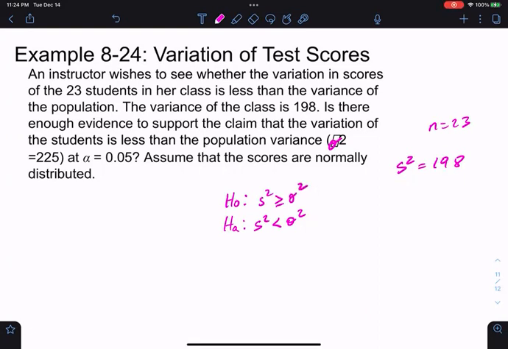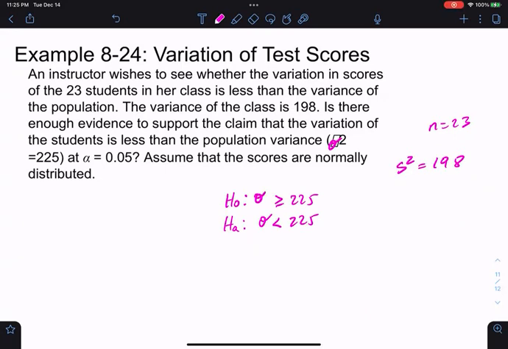Okay. So let's find out. Here they're saying the variation is less than the population variance, which is 225, right? So we can use sigma here. So sigma squared is 225. They say that the population variance is less than 225 or bigger than 225.